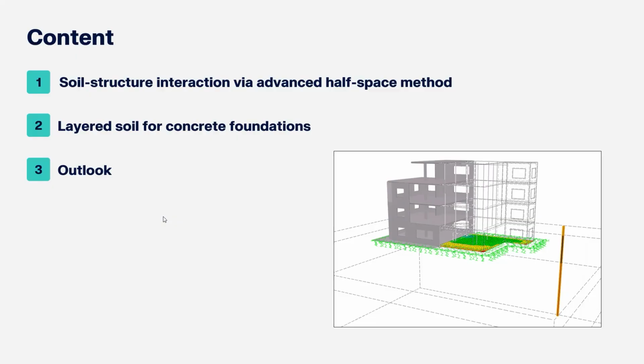In RFEM 6, with the add-on Geotechnical Analysis, we provide, on the one hand, the finite element analysis for soil with specific and advanced soil material models. And on the other hand, we provide the advanced half-space method for consideration of soil structure interaction. This is what we will have a look at today in detail.